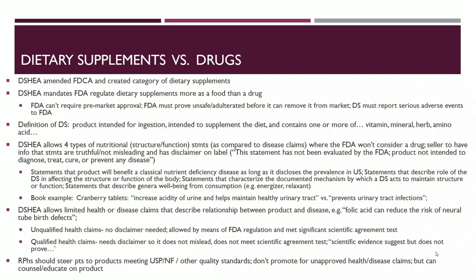Statements can characterize the documented mechanism by which a nutrient acts to maintain the structure or function. And statements can describe general well-being from consumption of the product, such as may assist in relaxing someone. The book has examples of these statements. So DSHEA does allow certain statements on products, but they can't cross the line over to what a drug would be. The FDA gets to make the decision, so again, companies can push what that line is.